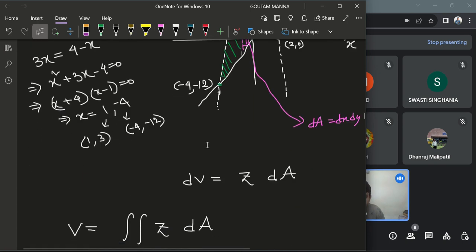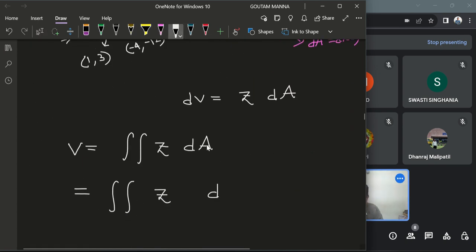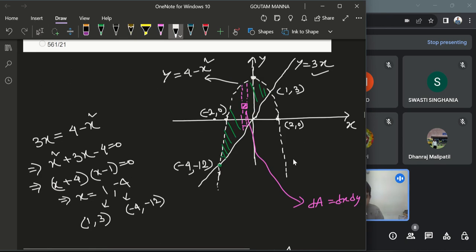So if I do the y integration first, dy dx, you can see for every x value y will be going from this line to this parabola. That means y will be going from 3x to 4 minus x square.